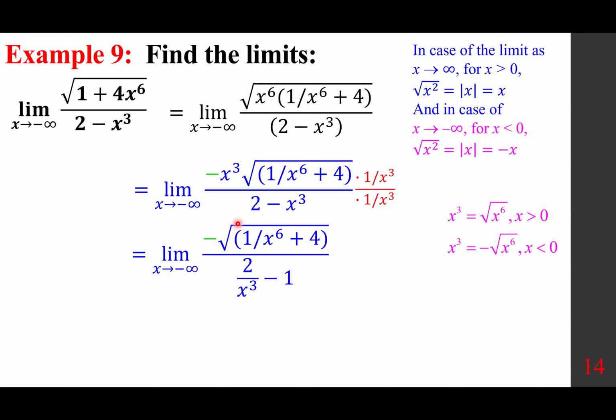So minus the square root of 0 plus 4, and this is 0 minus 1. So what you're looking at, the top is minus 2, the bottom is minus 1. The answer is positive 2. It's pretty straightforward. I hope everybody's okay with this.